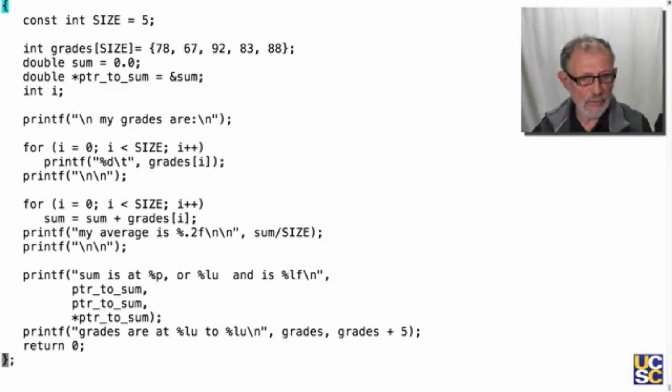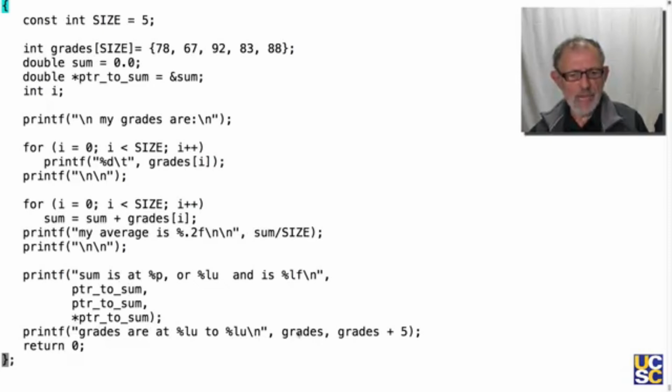And then we're going to further print where that array starts. So it says grades are at, and now, instead of hexadecimal, because maybe you're not used to it yet, we're going to use long unsigned, and it says grades go from this long unsigned to this long unsigned.